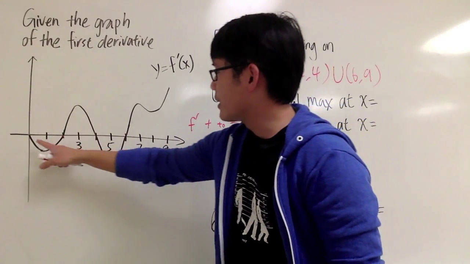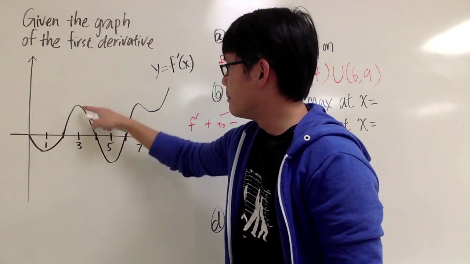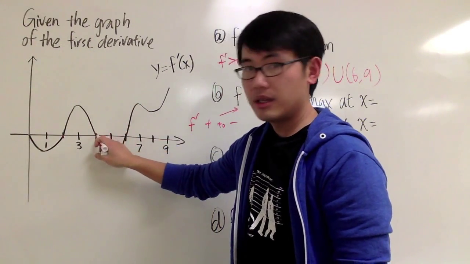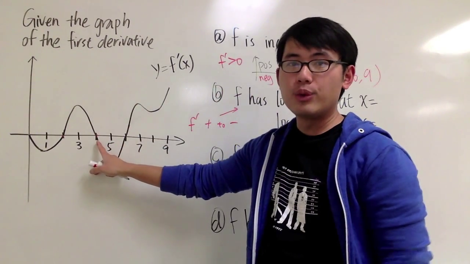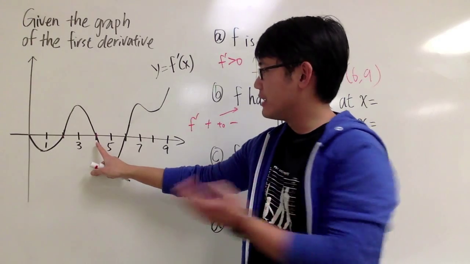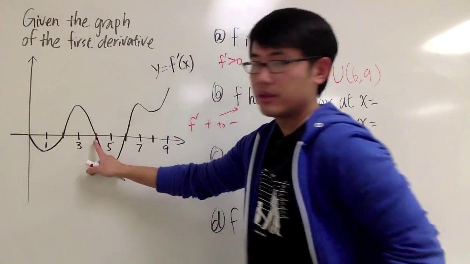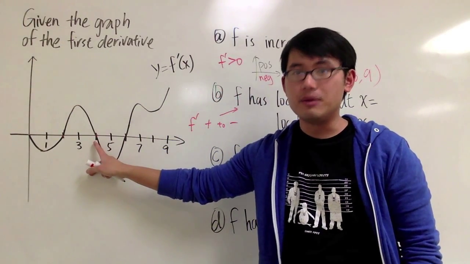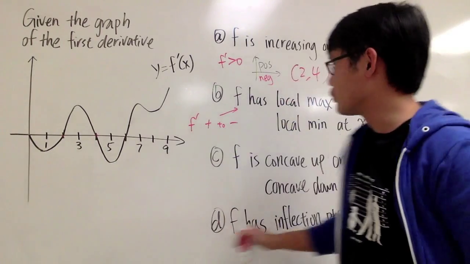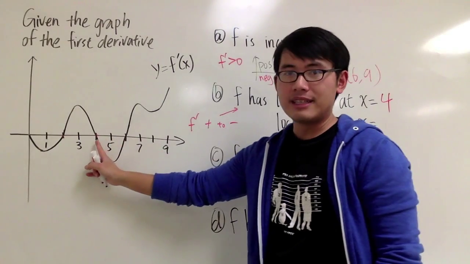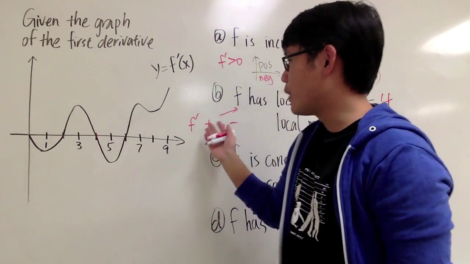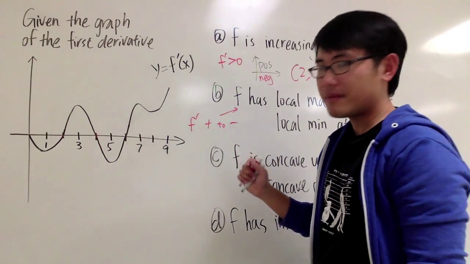As you can see, this point here changes from above to below at x equals 4, right? So we have a relative or local maximum at x equals 4. This is one of them, and in fact, I think that's the only one because there's nowhere else.